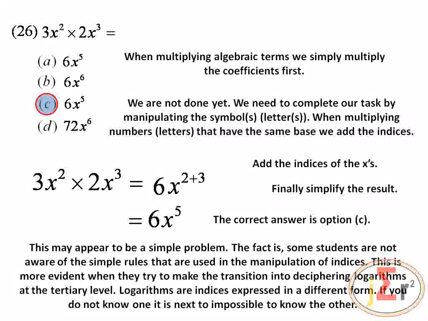So at the tertiary level, students are shown to be more vulnerable than at the secondary level. So when they get to this level, if they do not know the basics, the laws that are used to manipulate indices, then there is some difficulty that they will have when they try to decipher logarithms, because logarithms are actually indices and they are expressed in a different form.